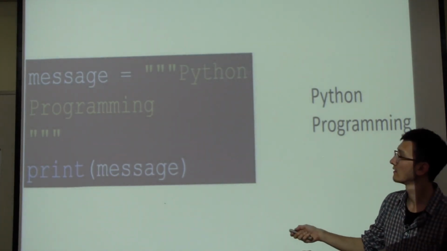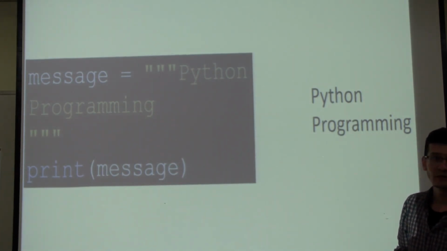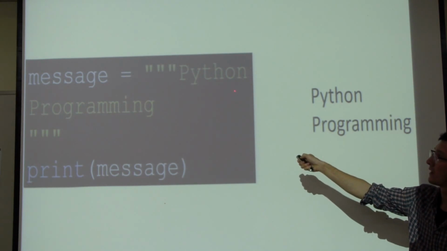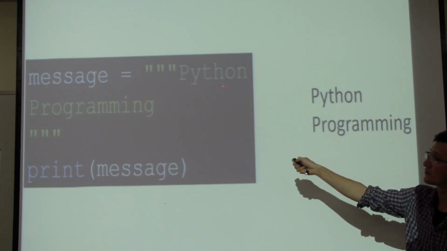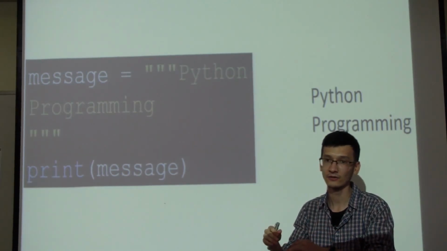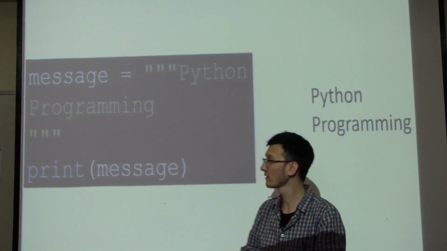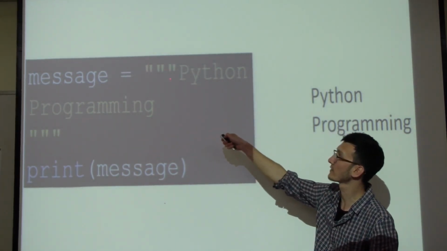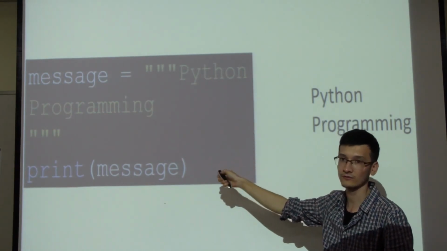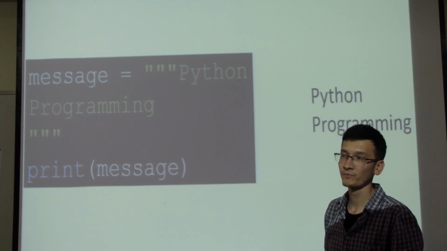Now here, the same happens. If you want to write anything else from the next line, you can use backslash n, or you can create 3 quotation marks and enter. It depends on how many lines you want.